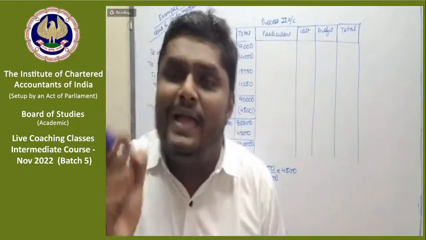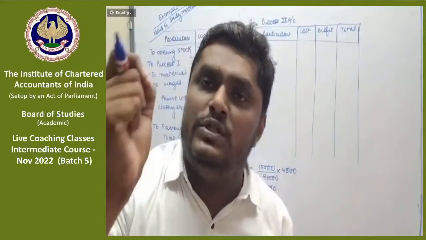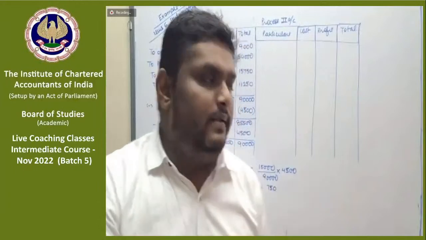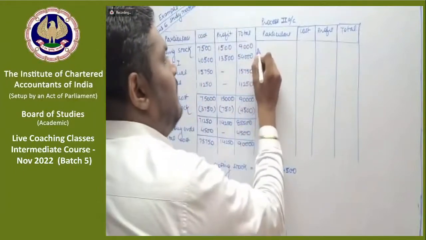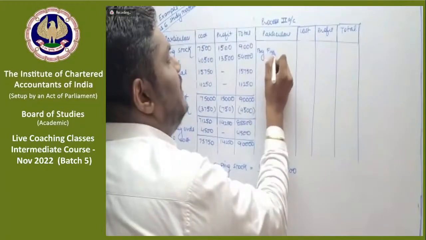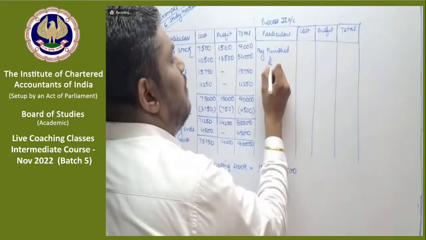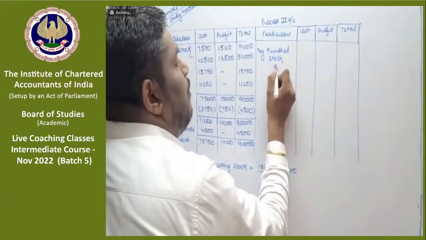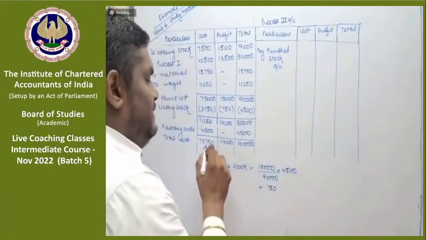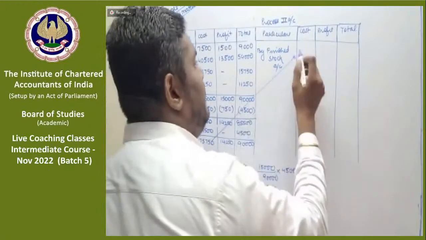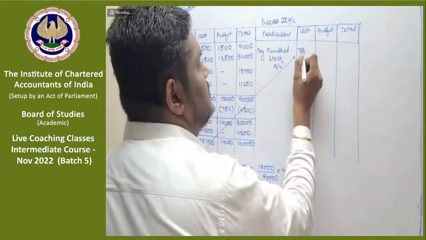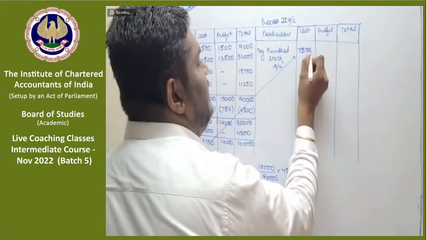This is the actual cost, that is the cost of process first plus process second. So when talking about the value to be transferred to finished stock account, this 75,750 will always remain the same, that is the cost of the company till date.